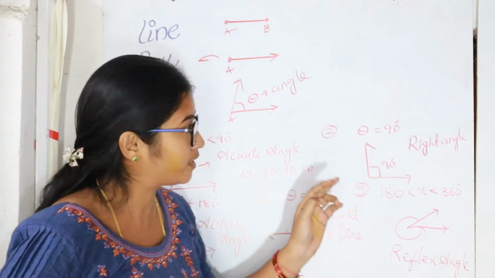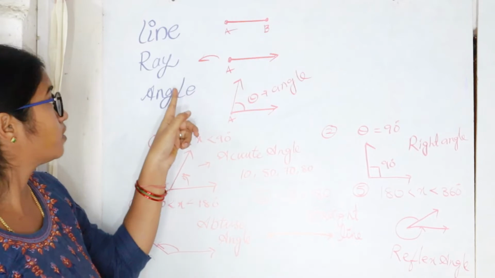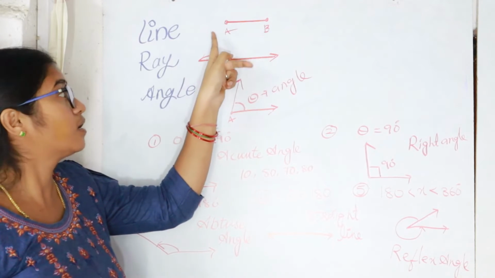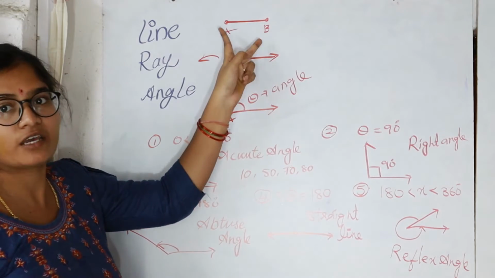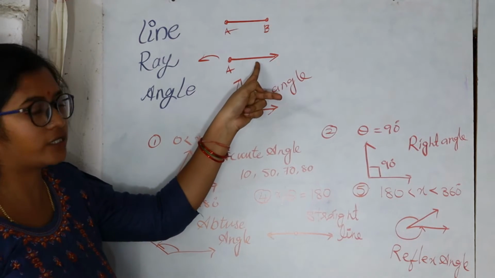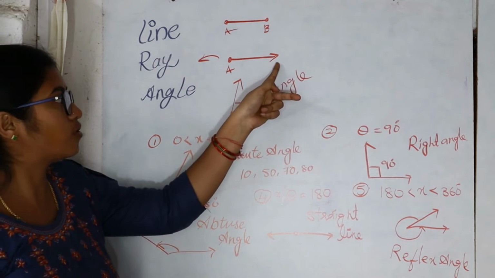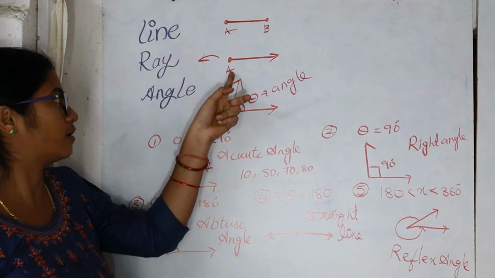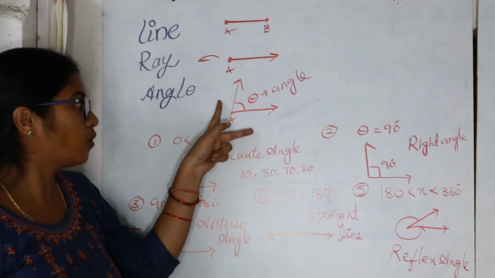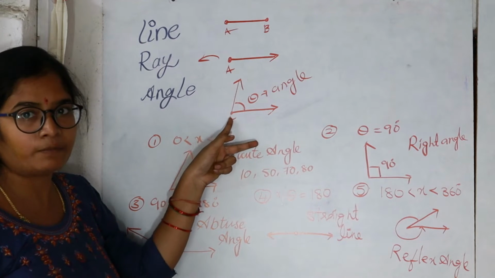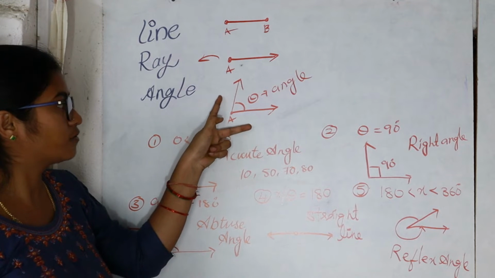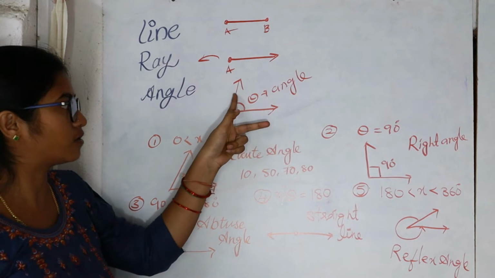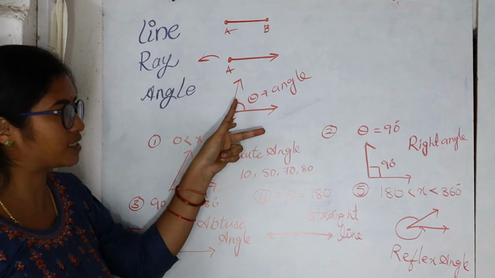Now let us recap. A line segment has two endpoints. If one endpoint exists and the other does not, going on infinitely, it is called a ray. When two rays have the same endpoint as origin, they make an angle.